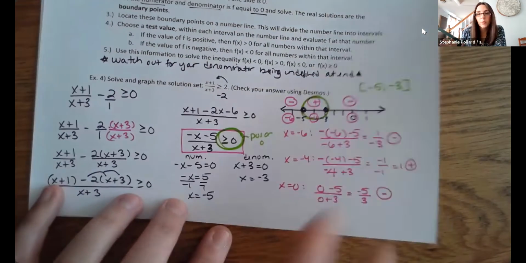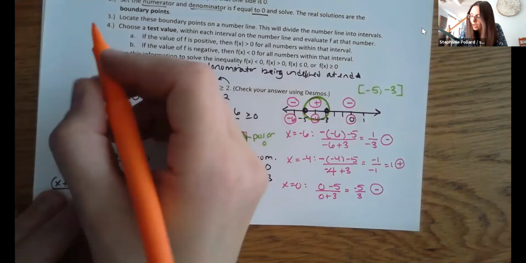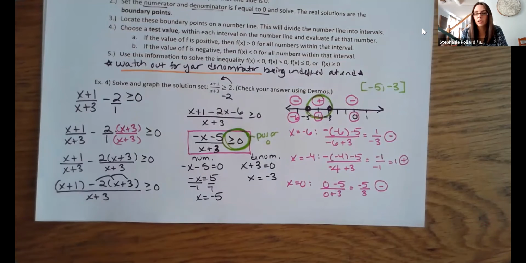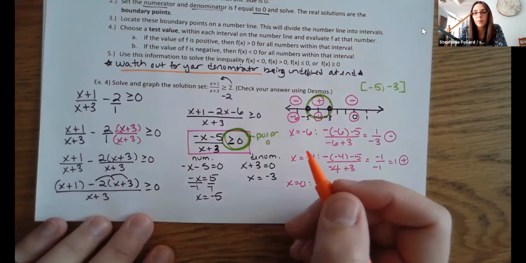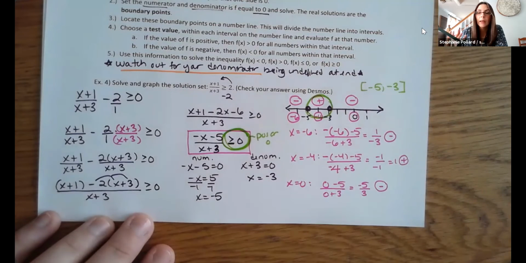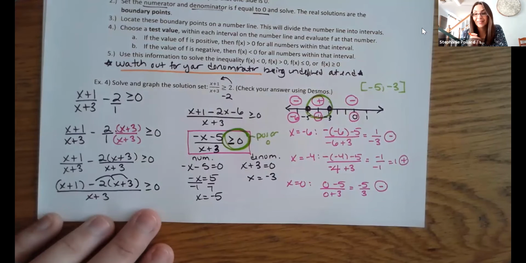Now, here's where that little part that I mentioned is going to come in, where I said you need to watch out for your denominator. And this is really going to only be an issue if you're having equal 0. If you don't have the equality piece, then you're using parentheses anyway, so it's not going to matter. But if you're including the 0, you have to be careful that you don't include the one that makes the denominator 0 and undefined.